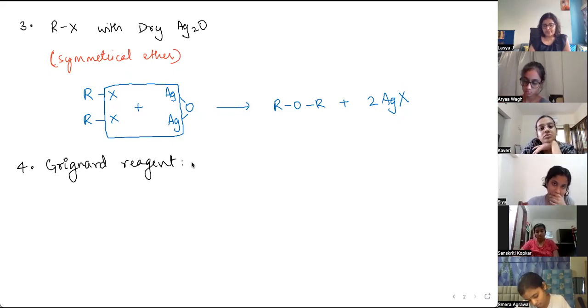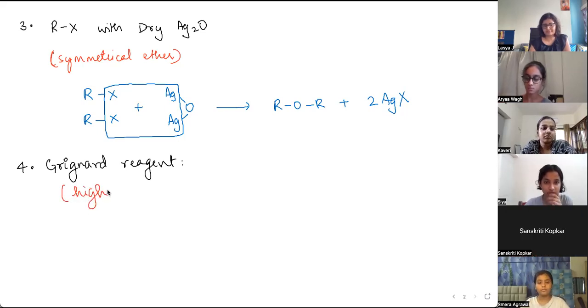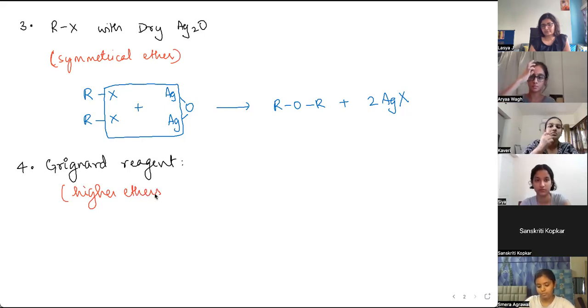So Grignard reagent is for preparing higher ethers or increasing the length of the carbon chain.